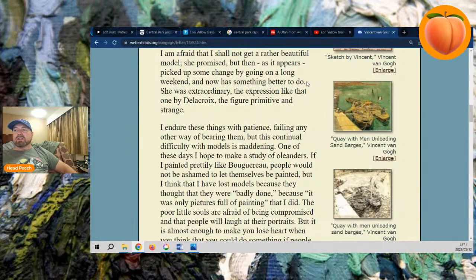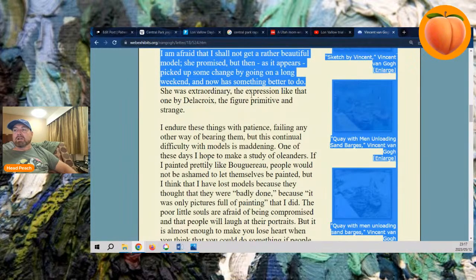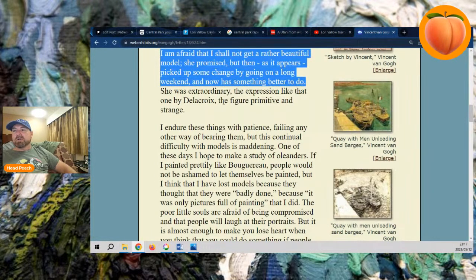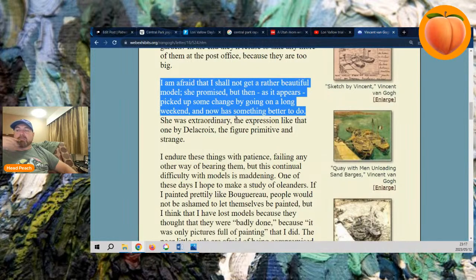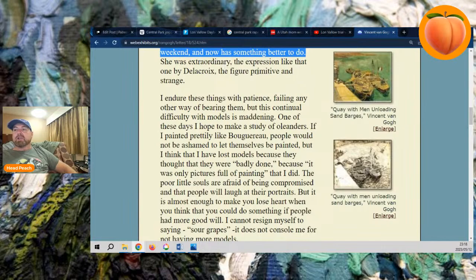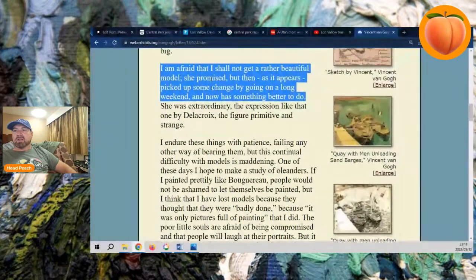Now, I kind of get the idea that the model is actually a prostitute, and that she got a better offer, or a different offer to go with someone on the weekend, and so she took that offer instead. He describes her as extraordinary, the expression like that one by Delacroix, the figurative, primitive, and strange.